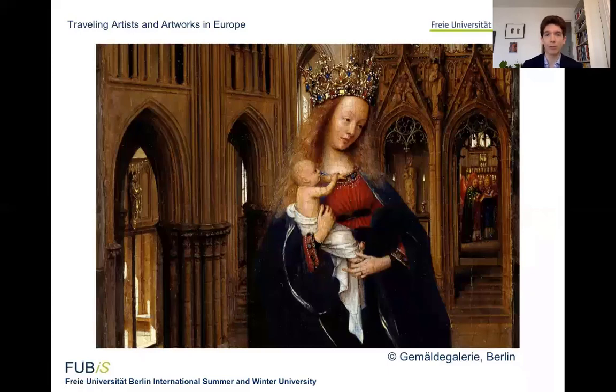If we come closer, we see that the work shows Mary wearing a dark blue robe, a color that is traditionally used to emphasize her humanity.